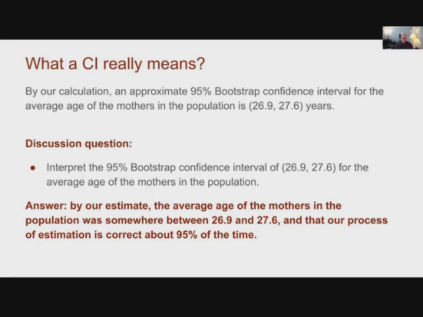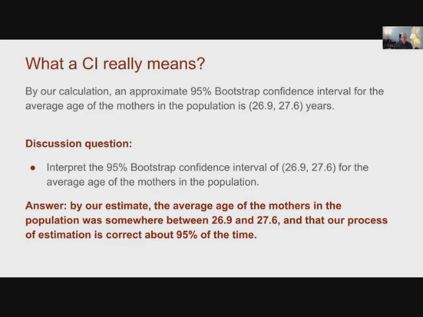And so what we're saying is that by our estimate, the thing we spit out, the average age of the mothers in the population was within this range. We don't know what the truth is, but the statistic is going to be somewhere between these two.